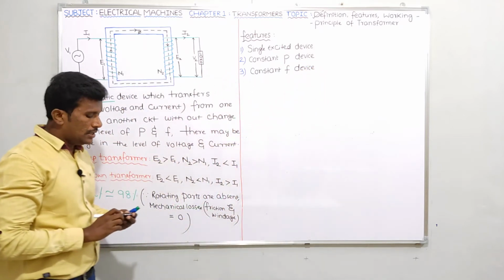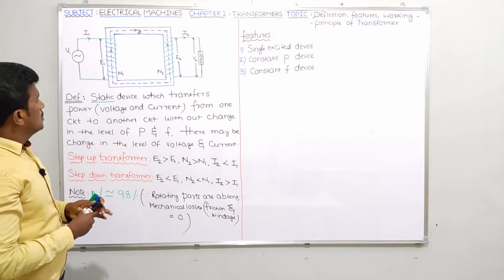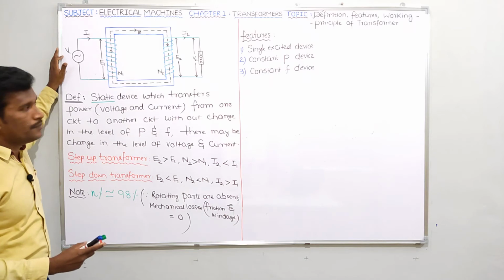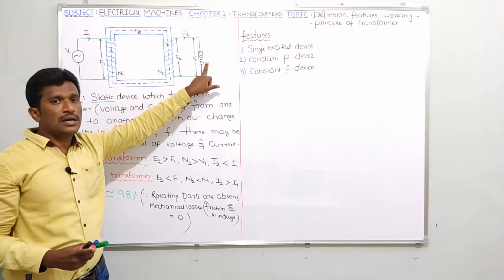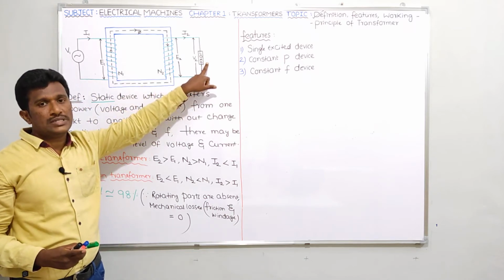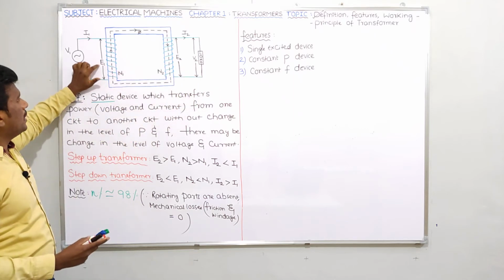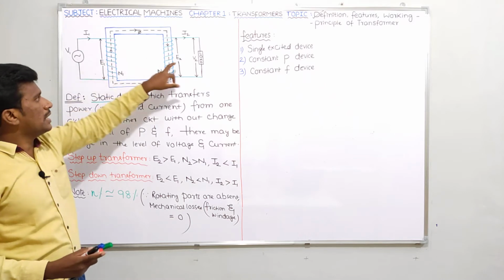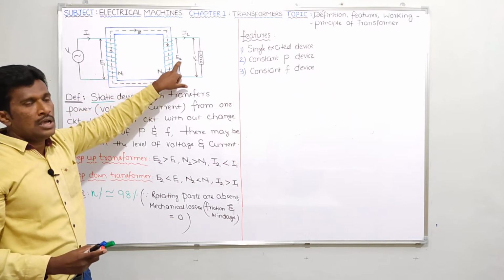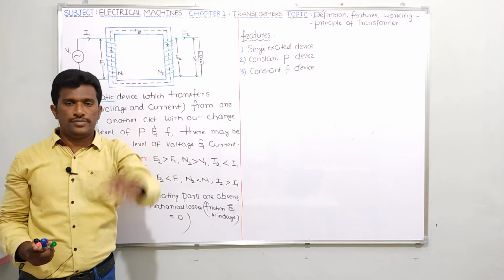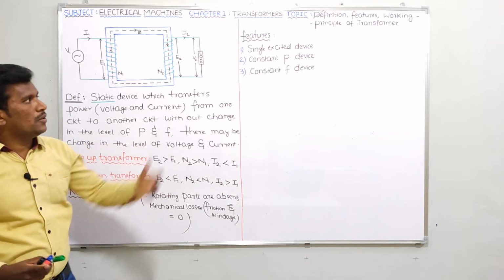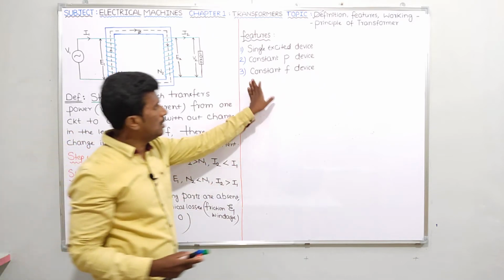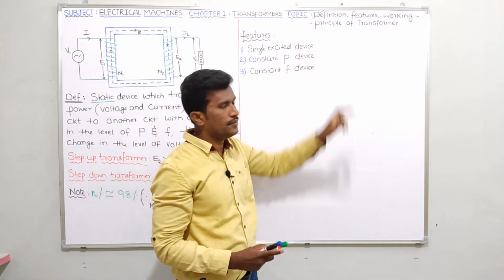Suppose if you take this example, the applied voltage source will have frequency F. Your loads are designed to operate at frequency F. Here primary winding induced EMF E1 has frequency F. Secondary winding EMF also has the same frequency F. That is the reason why I can call a transformer a constant frequency device.